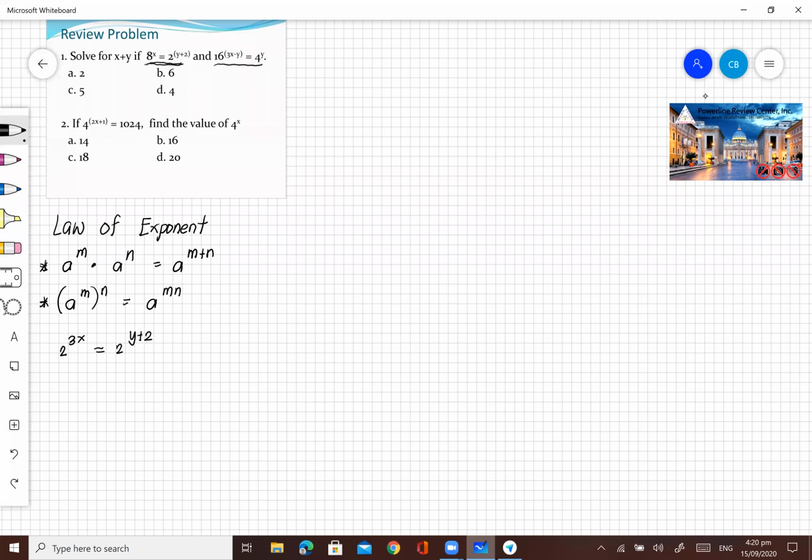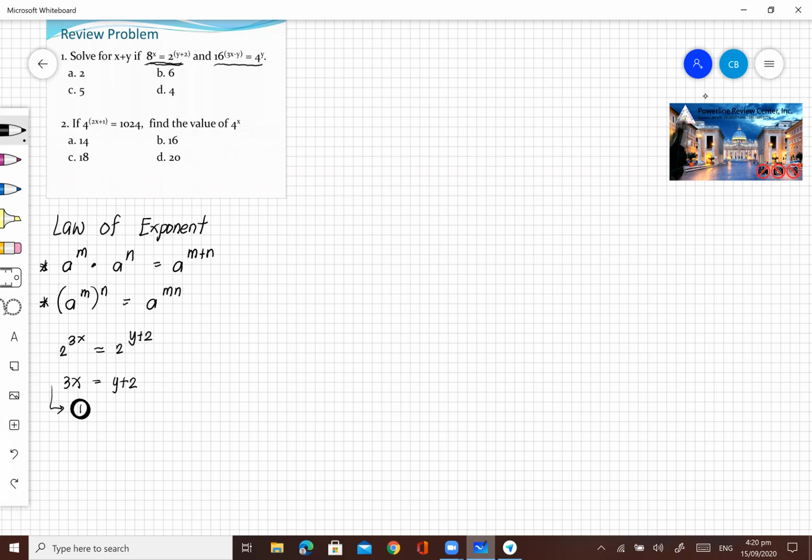So you just conclude that the exponent of the left side of our equation, 3x, should be equal to the exponent at the right side, which is y plus 2. You may consider this given equation as our equation 1.